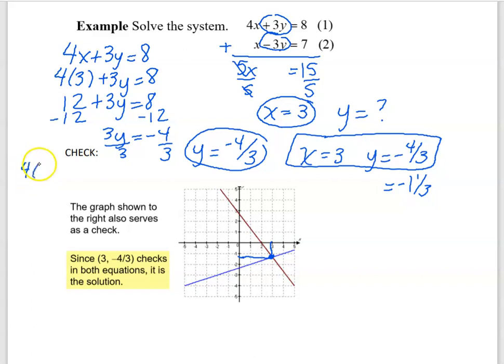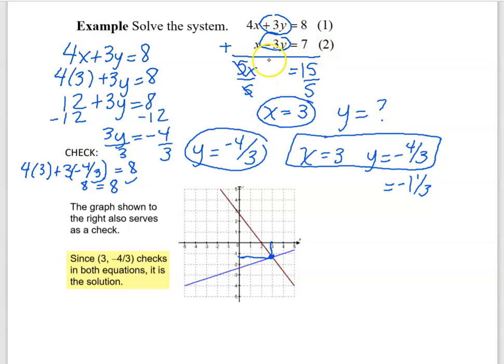So 4 times x, which is 3, plus 3 times y, which is negative 4/3, and I'm going to make sure that it equals 8. 4 times 3 is 12. These 3's are going to cancel out, so this is going to end up being 12 minus 4, which is 8. And so it works for this first one.